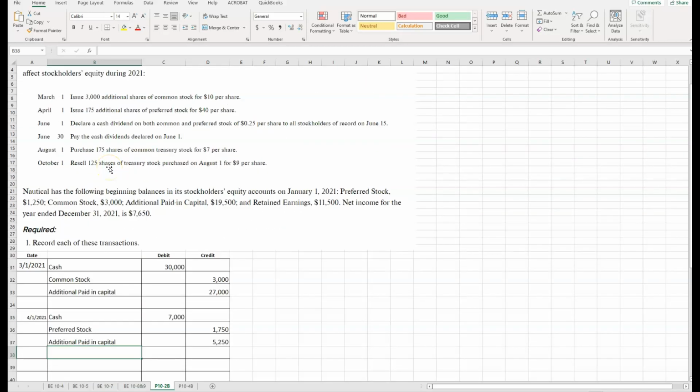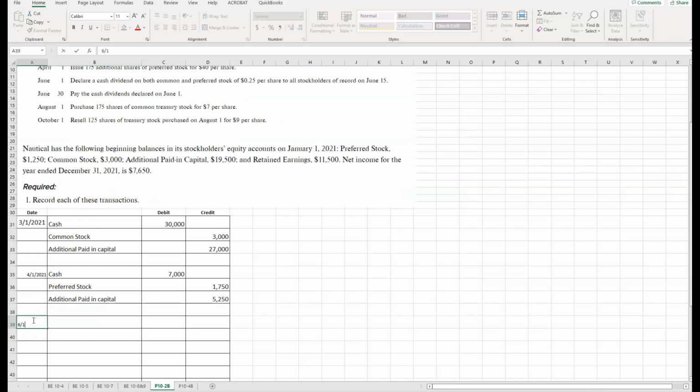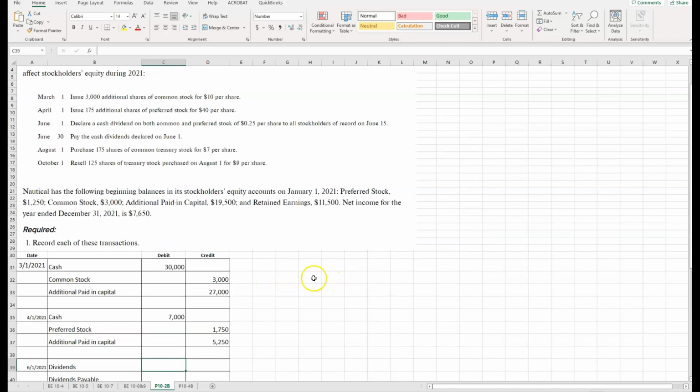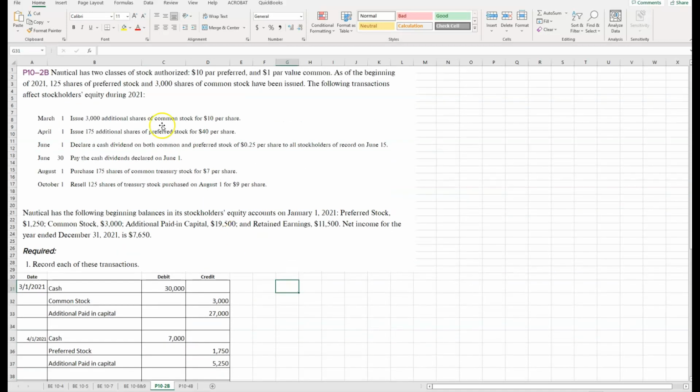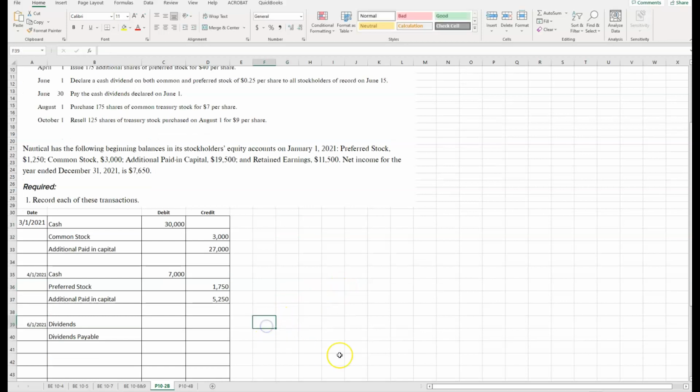When we declare a dividend, we debit dividends and we credit dividends payable. That's when the company becomes legally responsible for it. So how many shares do we have? Well, let's just calculate here. We started with 125 and 3,000.